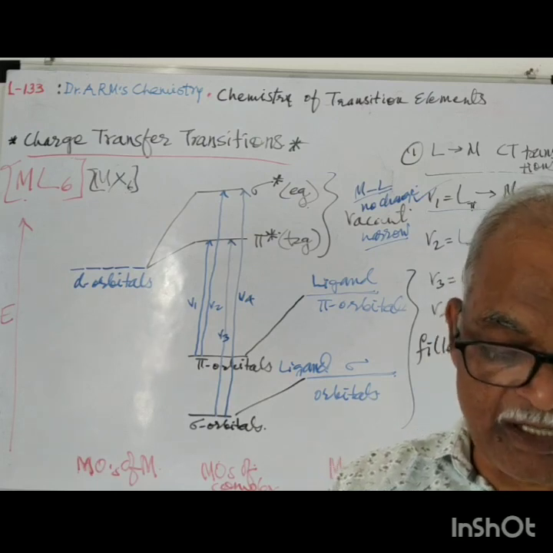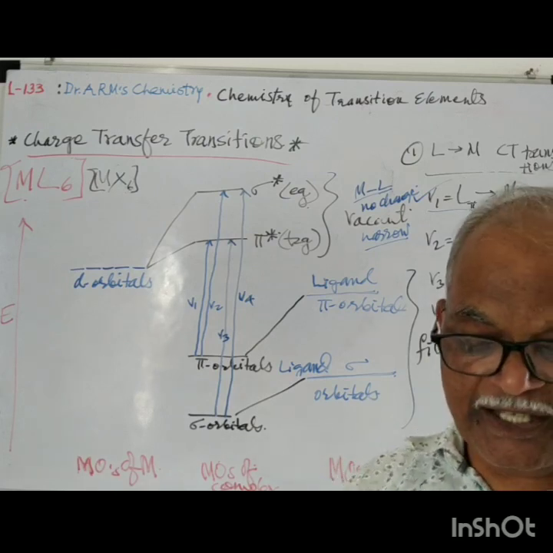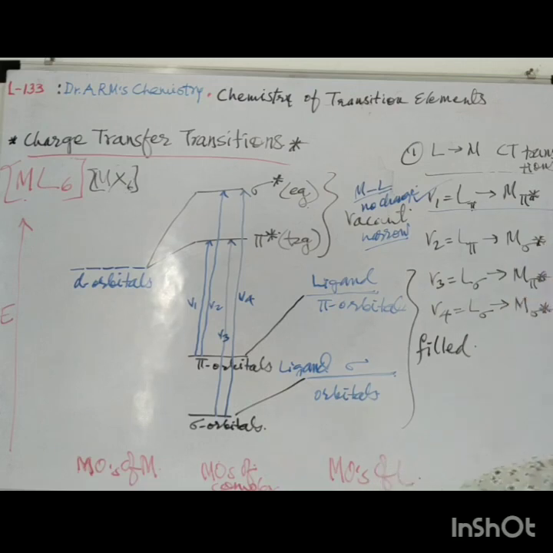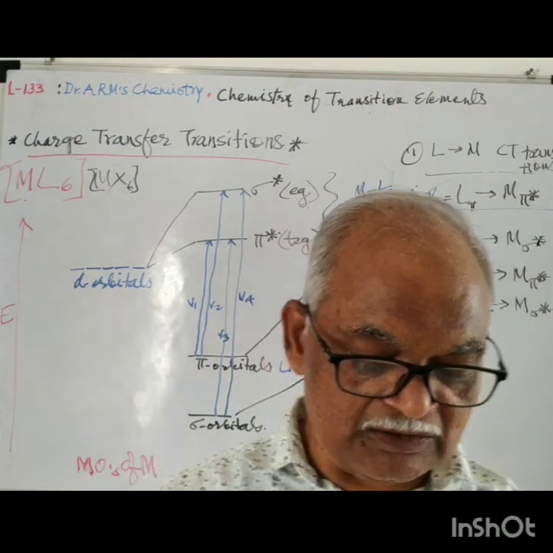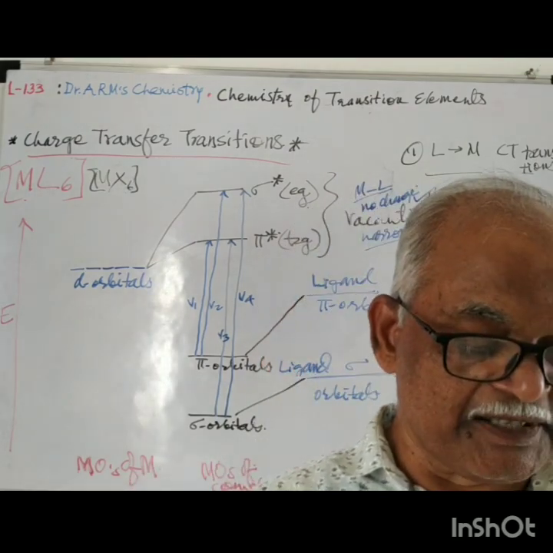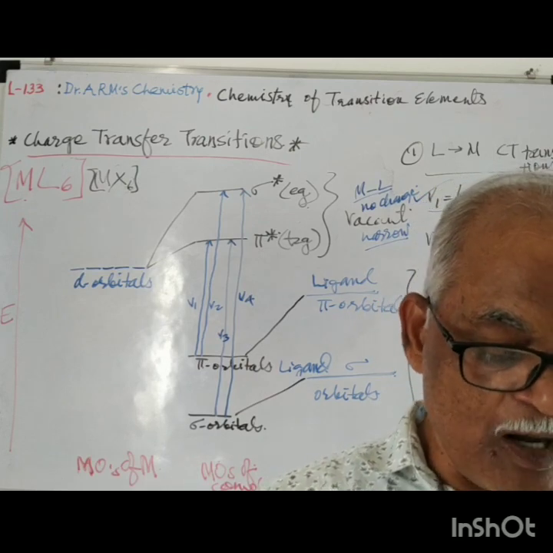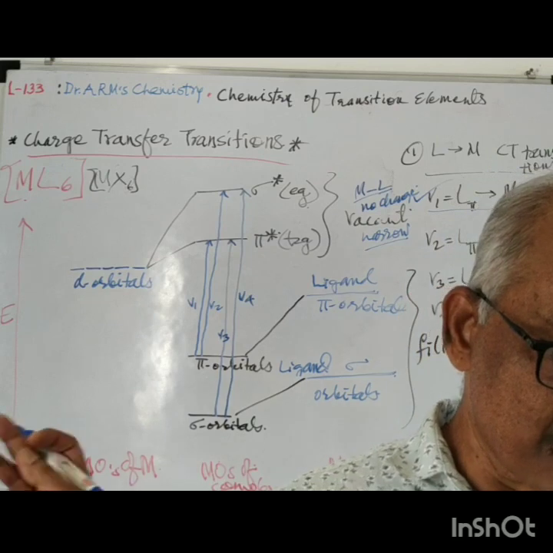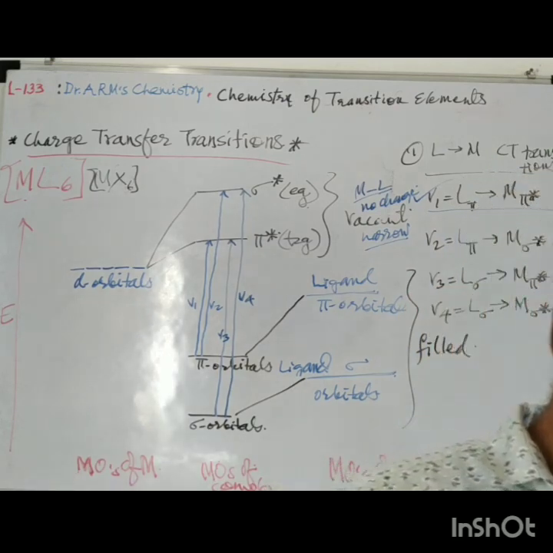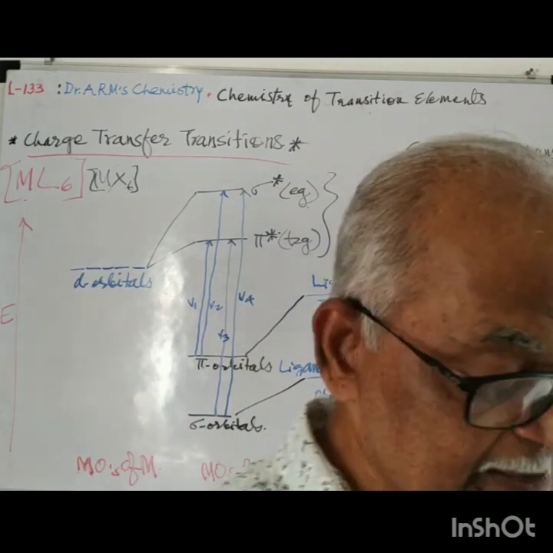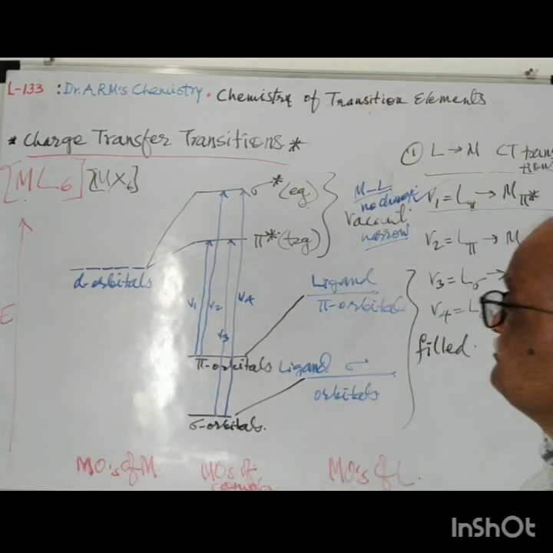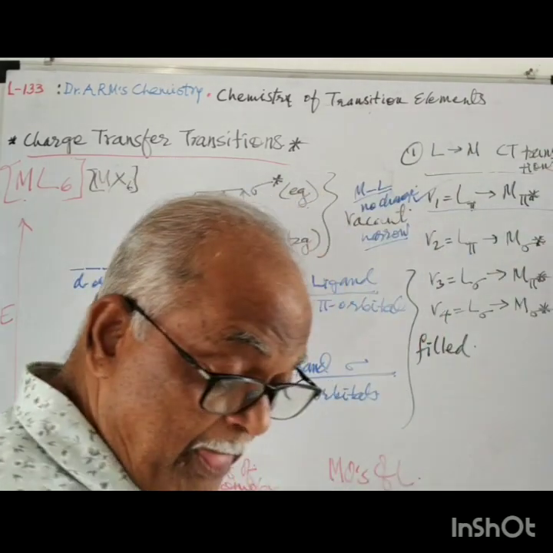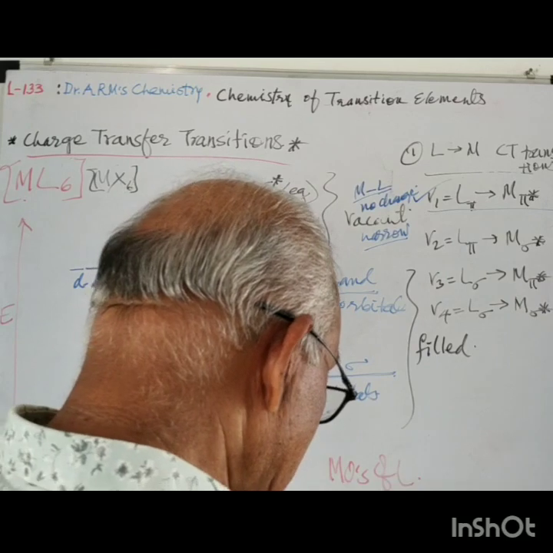It is shown in the following table. It also shows that the complexes have been assigned to the V1 class of such transitions. Two trends are observed in case of such transitions taking place from ligand to metal. Two trends. What are these two trends?